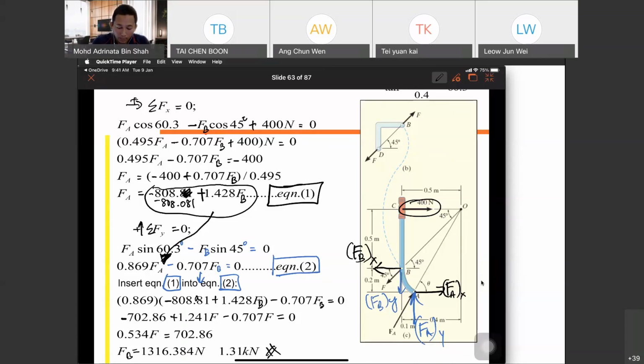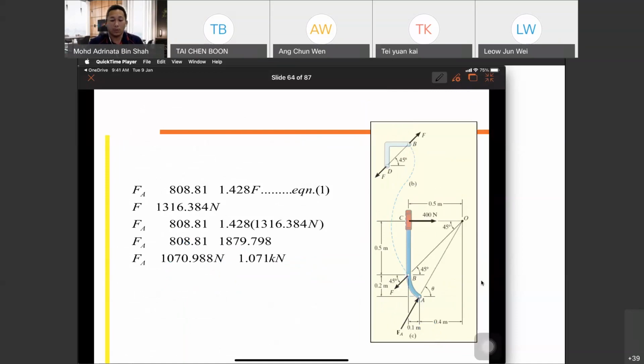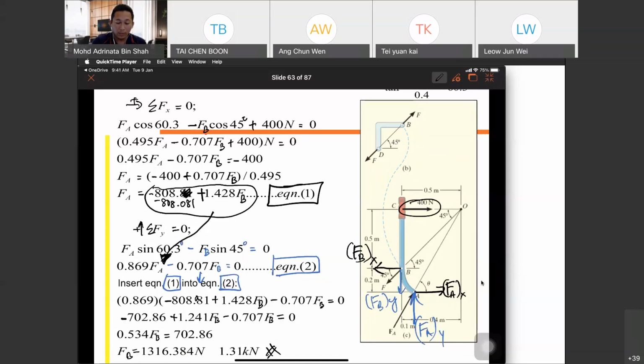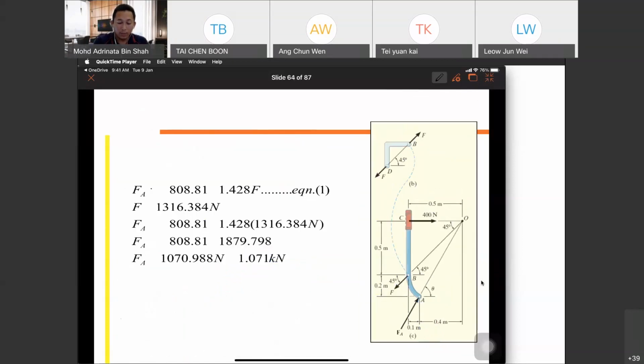So this is FB. Please, you need to solve your equation. For FA, from equation 1, FA is equal to negative 808.081 plus 1.428 FB. FB is equal to, ni dapat jawapan, from the previous calculation.